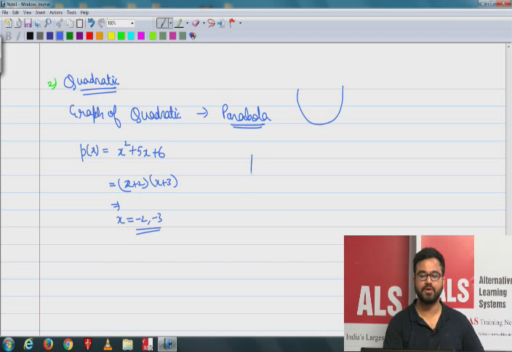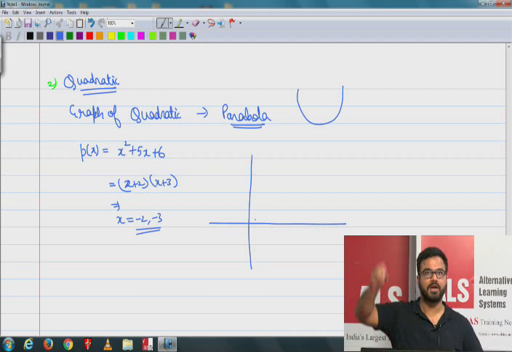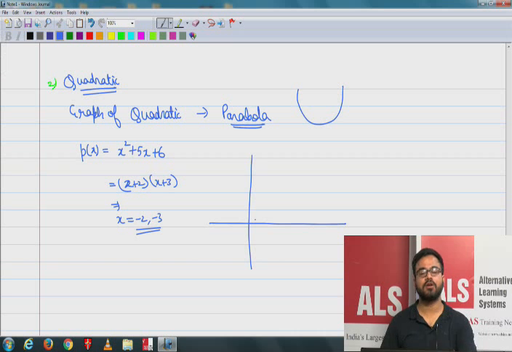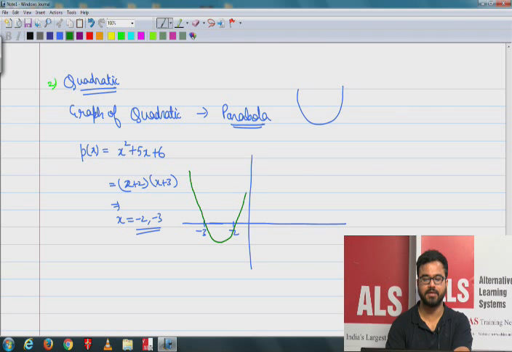So if we draw the graph of this one, it will be a U-shaped graph, that is called the parabola, and since there are two zeros, it will intersect the x-axis at 2 points. So let's say this is minus 3 and this is minus 2. The graph will look like this. It will pass like this, and it is a U-shaped graph.